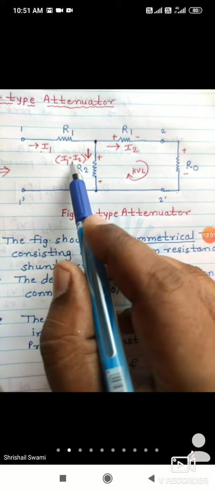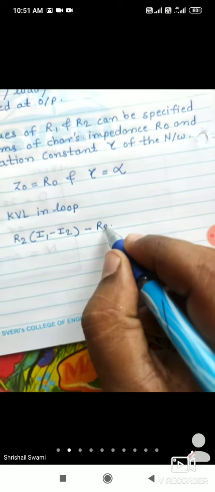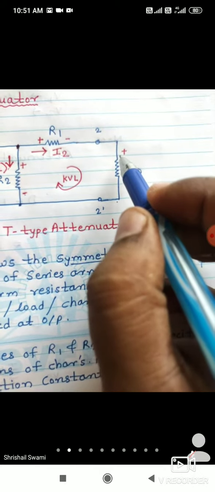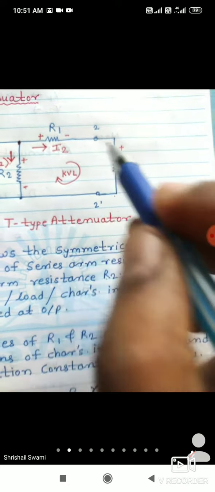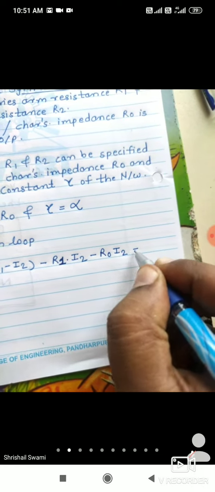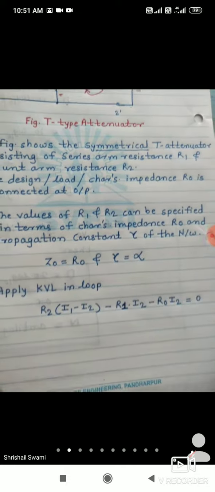Next, now go to here, that is minus R1 into, what is the current value here? I2. Next come to here, so I2 again plus is there, that's why minus. So R0 into I2, minus R0 into I2 is equal to 0. So loop is over, is equal to 0.